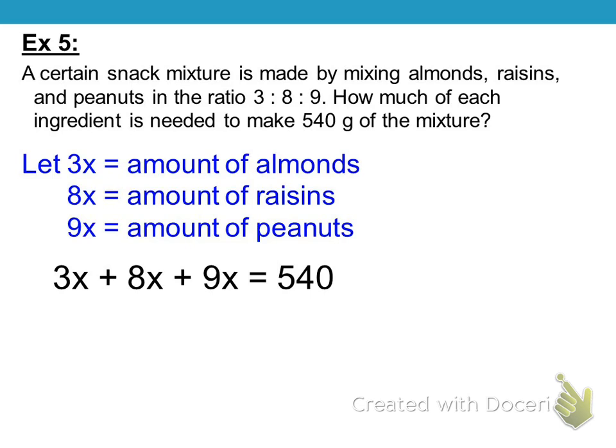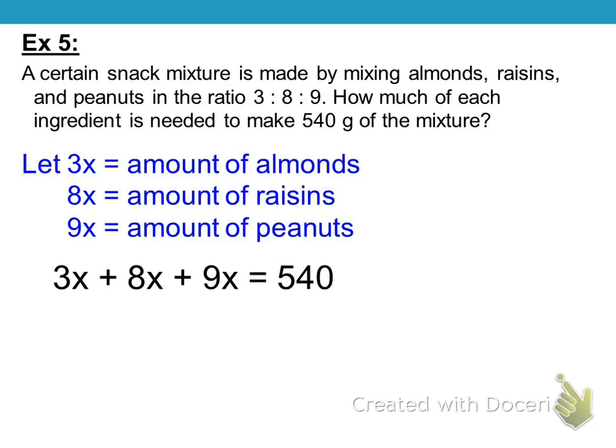You're putting them all in the same thing. Then that will give us the x, and then we can plug the x back into these, and that'll tell us how many gallons or grams of each we'll need.